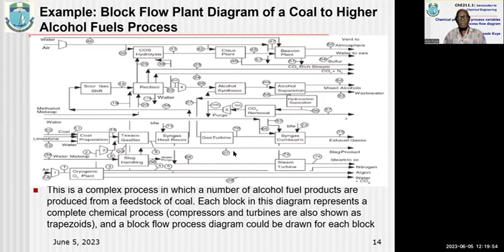To take a close look too, you also see in these cycles or ellipse, you can see the stream numbers. They are all there.